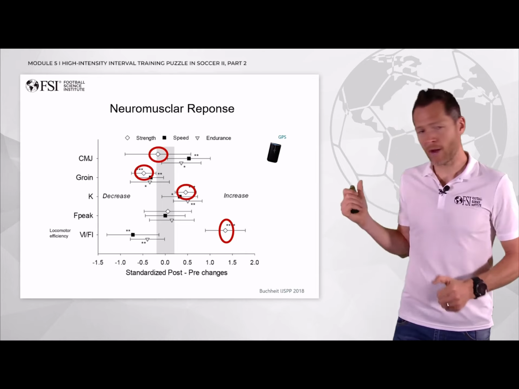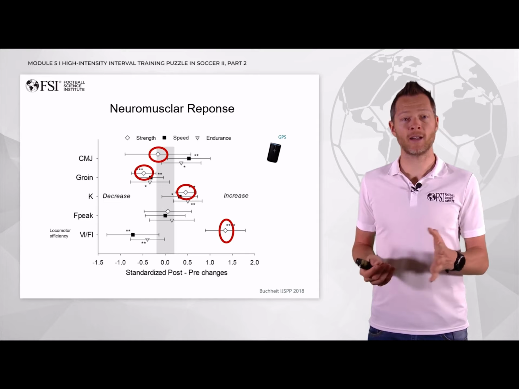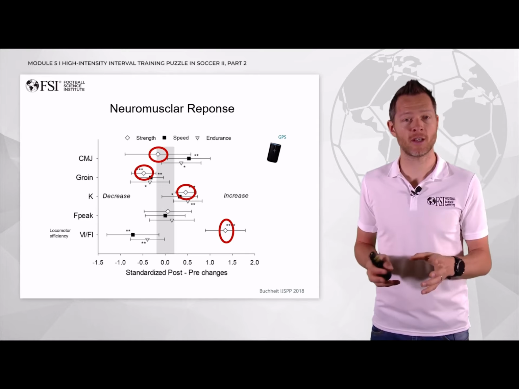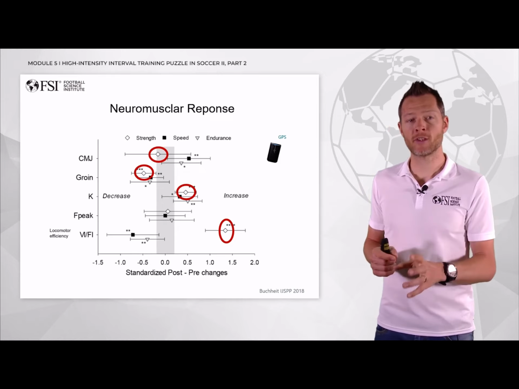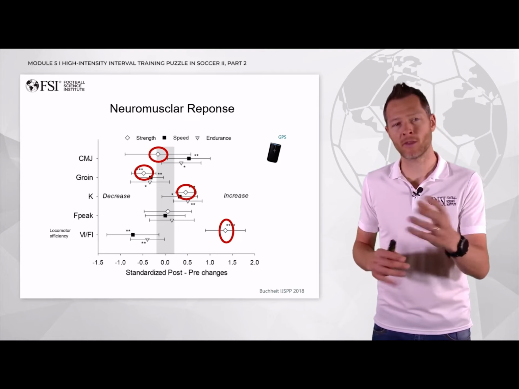So if you look on the graph, you have some typical neuromuscular testing data, like countermovement jump, as we discussed. On average, no changes after the session. Groin squeeze, sometimes a small decrease can be observed, but nothing major.